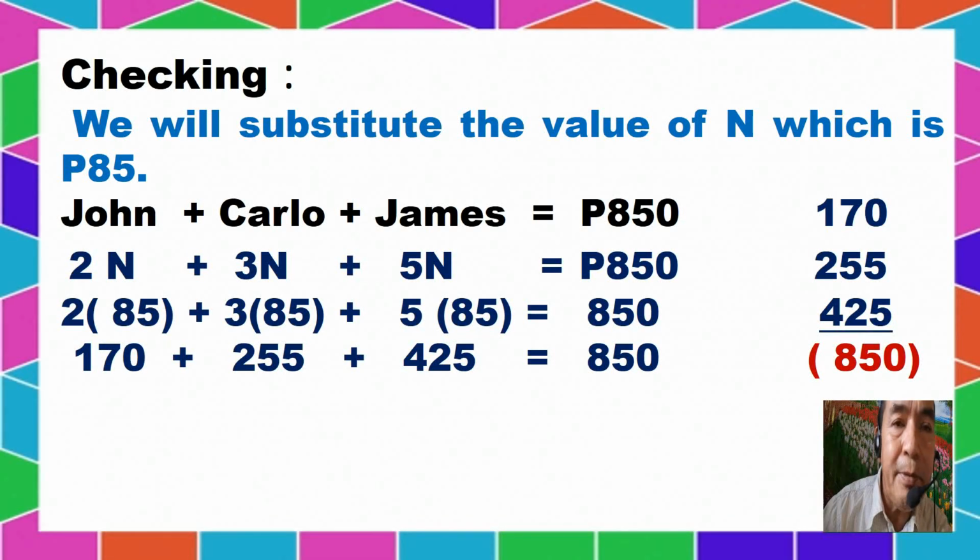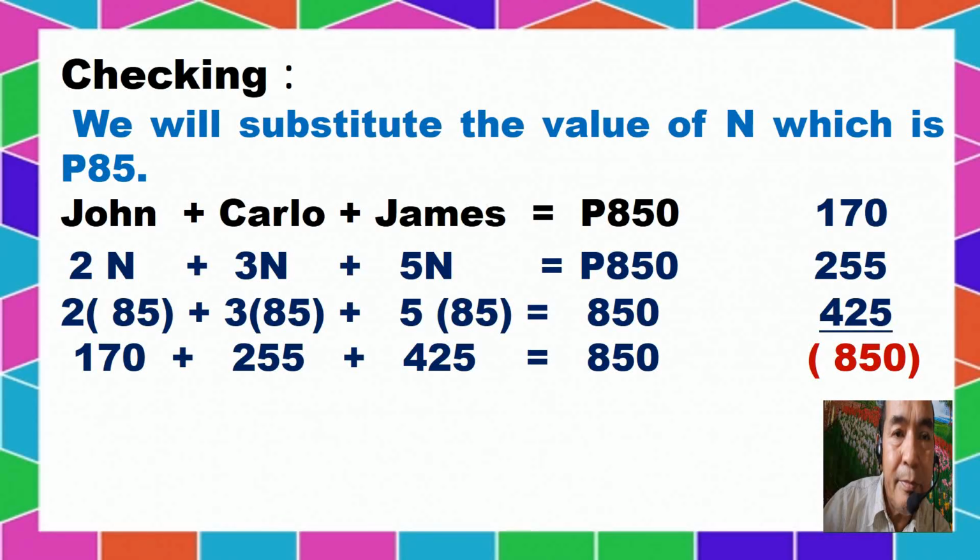We have 3 times 85 plus 5 shares for James, so 5 times 85. If we multiply 2 times 85, we have 170. 85 times 3, 255. 85 times 5 will give us 425. Adding them all will give us 850. So we were able to divide the amount in exact accordance with the ratio that we have agreed.